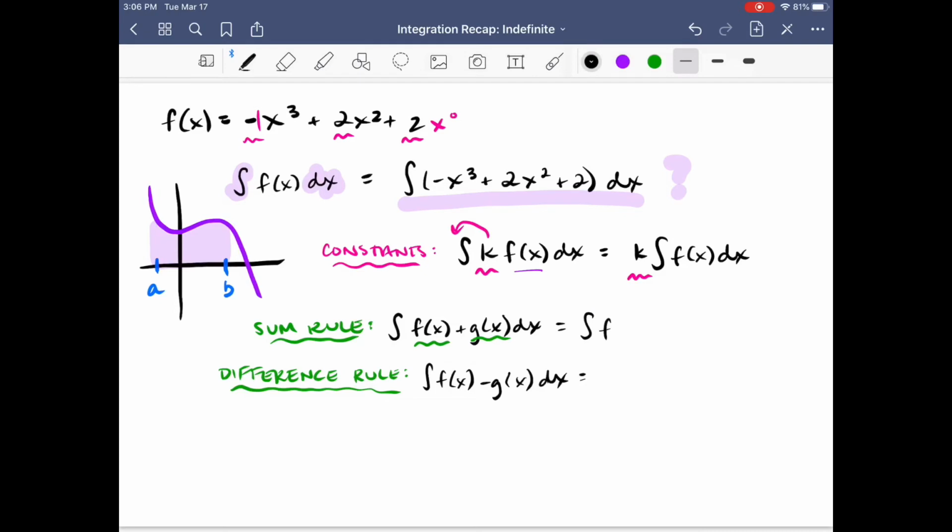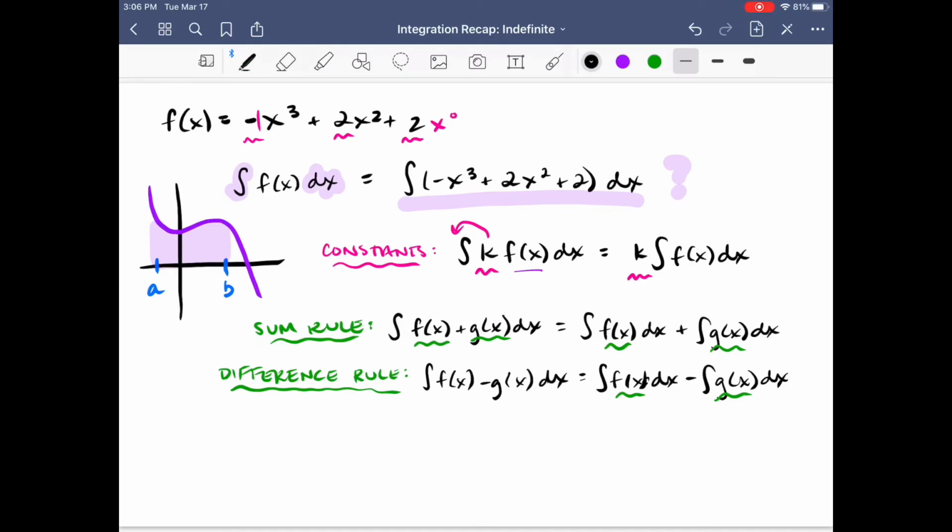So I have the integral of f of x dx plus the integral of g of x dx. Same thing for the difference rule, the integral of f of x dx minus the integral of g of x dx. Same functions, same dx, just a little bit different and laid out a little bit differently.